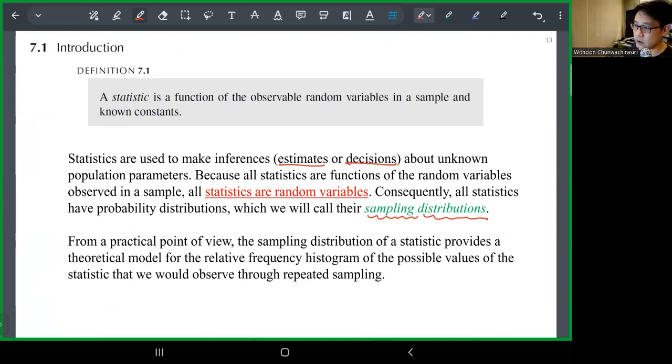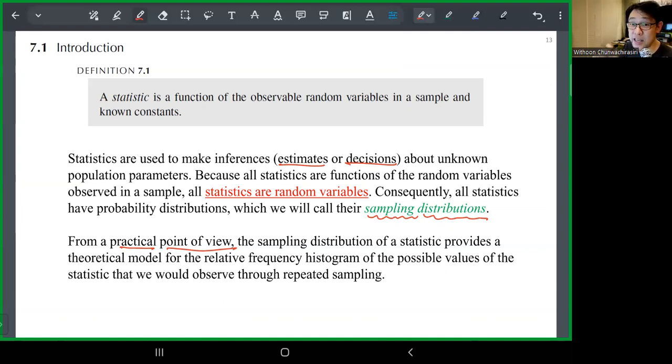The reason I include this paragraph is from a practical point of view: the sampling distribution of a statistic provides a model of the frequency histogram of the possible values of the statistic.